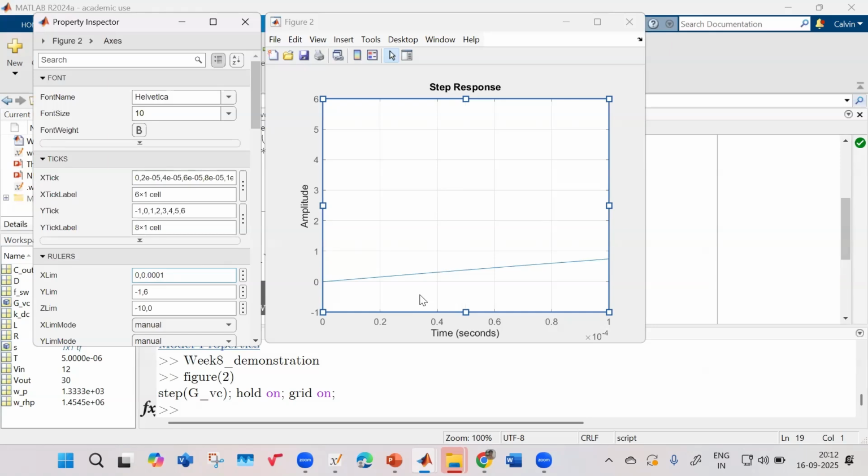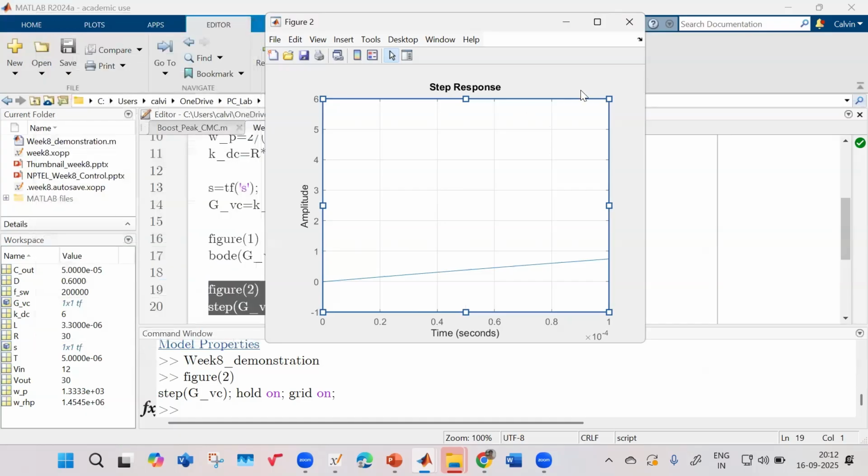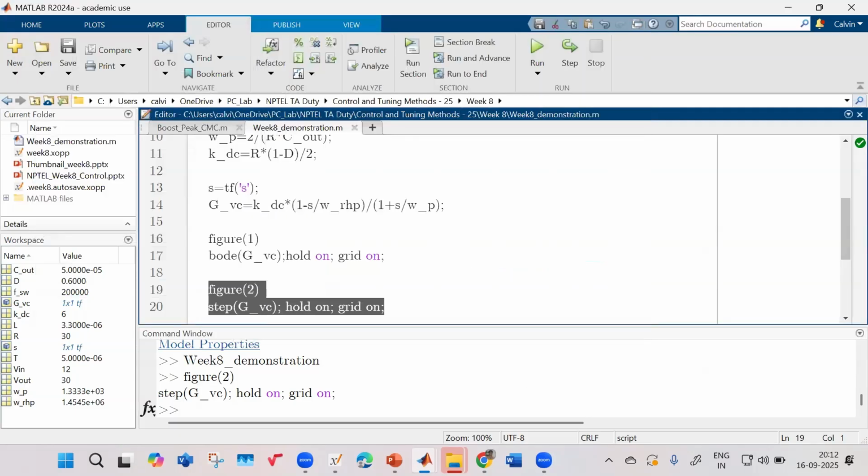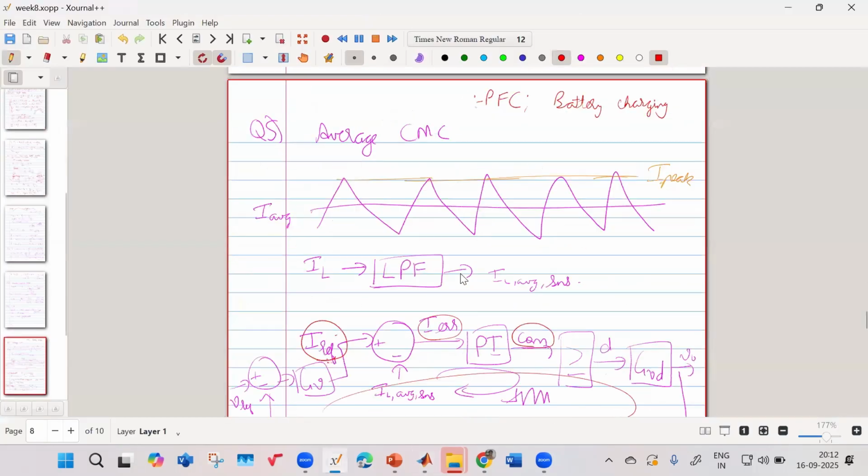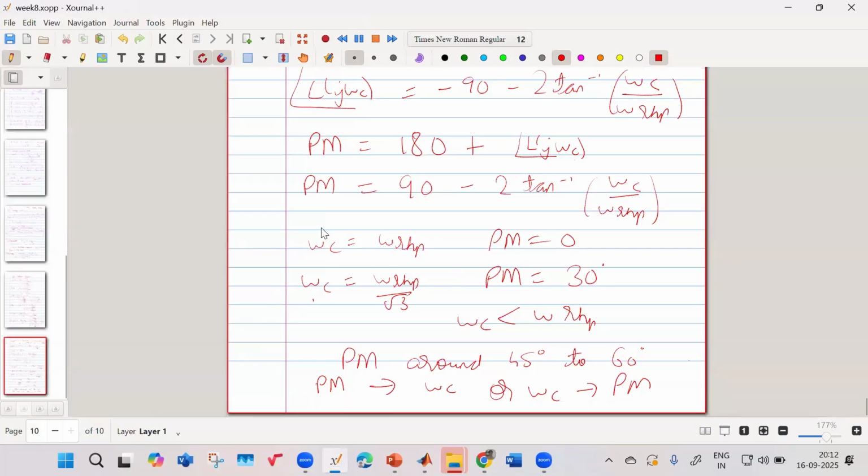Okay. The omega RHP effect is very negligible in this case. That's why it's not visible. Otherwise, when you give a step input, the output would actually dip and then it will rise.